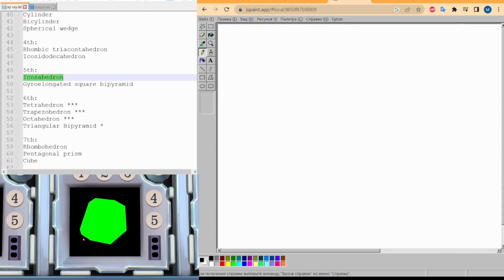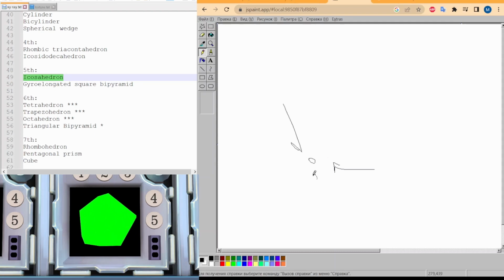Okay. Now this one. Okay, if you look at this one here, you see that three vertices went that way. 1, 2, 3.